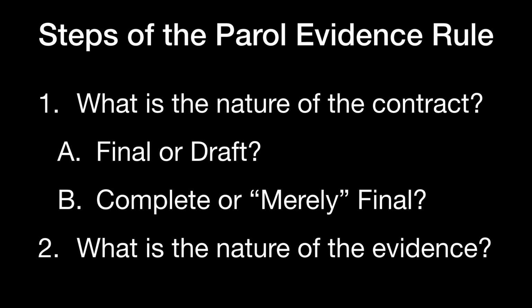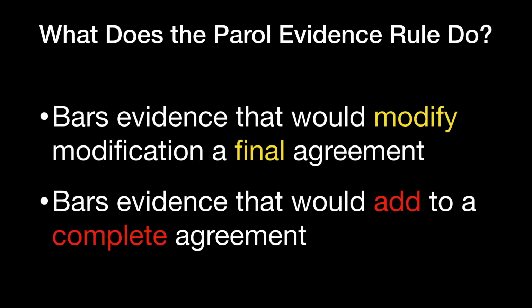Once we've determined the nature of the contract, we then ask in step 2, what is the nature of the evidence? What does the evidence seek to do? Is the evidence seeking to modify a term, to add a term, or for something else? Now that we have assessed the nature of the written agreement and the nature of the evidence to be introduced, we can determine if the Parol Evidence Rule will or will not prohibit introduction of that evidence.